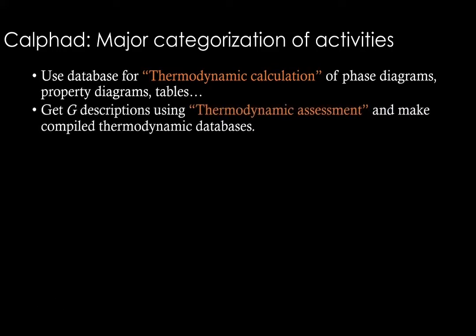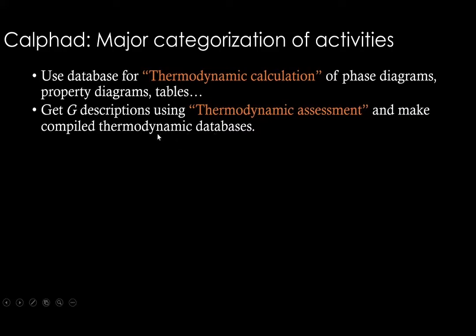The other activity is to get the Gibbs energy descriptions themselves. So this is more important. The process of getting the Gibbs energy descriptions is called thermodynamic assessment. So we can do this and get the Gibbs energy description, and then the Gibbs energy descriptions have to be compiled in a format called thermodynamic databases.